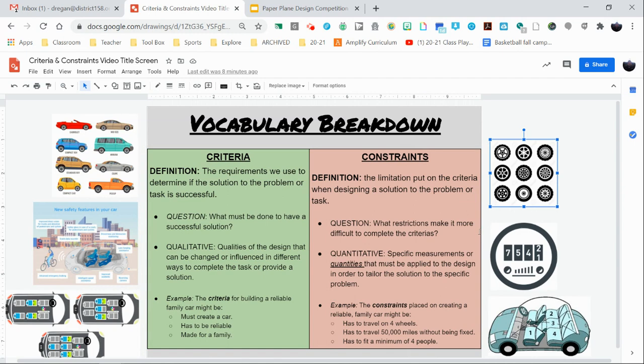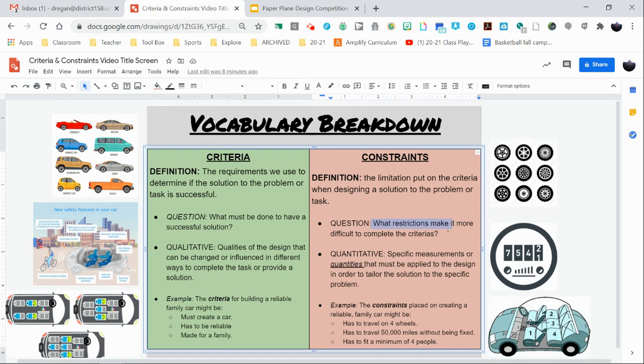So notice, okay, when we ask ourselves the question, what restrictions make it more difficult? Well, we know we have to use 4 wheels. We can't use 5, can't use 6, has to travel on 4, okay? Specific measurements or quantities. Well, we know we have 4. 4 is a measurement. It's a quantity that we have to have. All right, let's look at the next one.